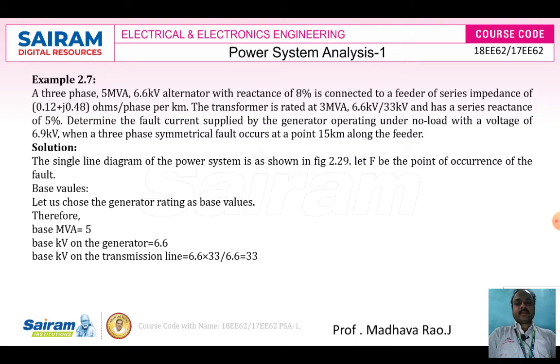Determine the fault current supplied by the generator operating under no load with a voltage of 6.9 kilovolt, when a three-phase symmetrical fault occurs at a point 15 kilometers along the feeder.